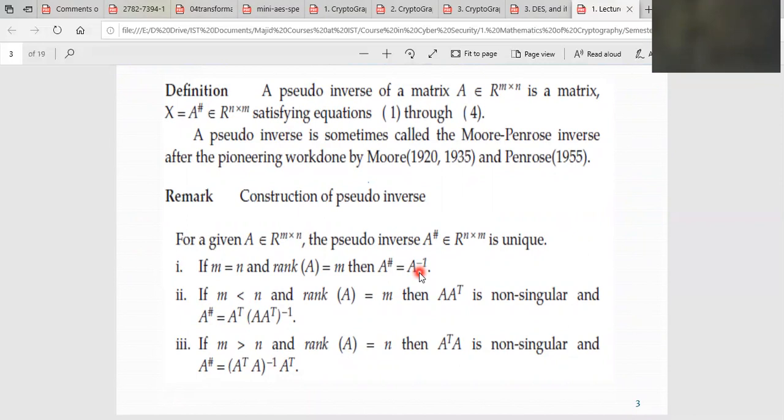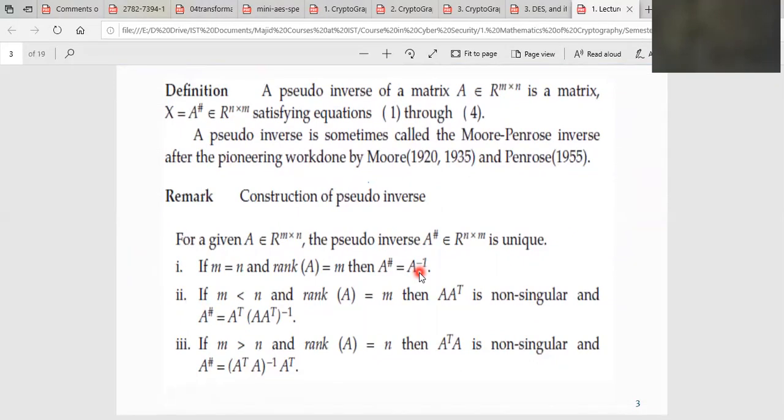For given matrix A that belongs to the set of M cross N matrices, the pseudo-inverse, which is represented by A hash, belonging to the set of N cross M matrices, is unique.